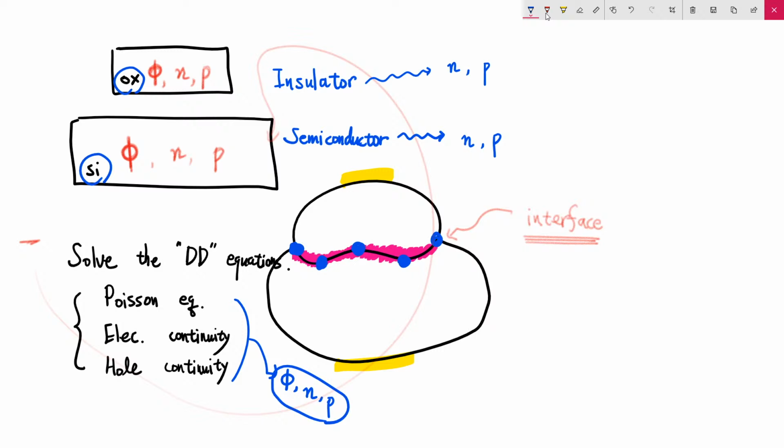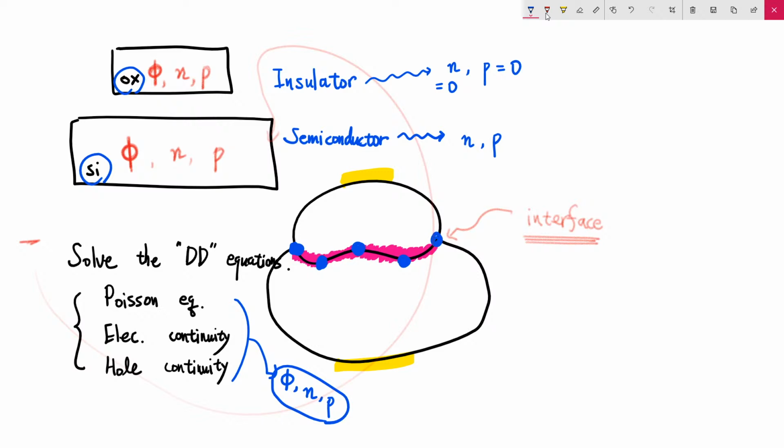But the point is, since we are treating our oxide material as a perfect insulator, from the beginning of our discussion we are assuming that there is always zero electron density and zero hole density. There is no charge carrier at all for a perfect insulator.